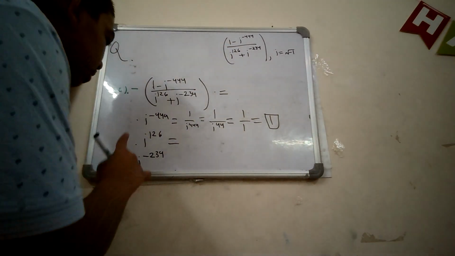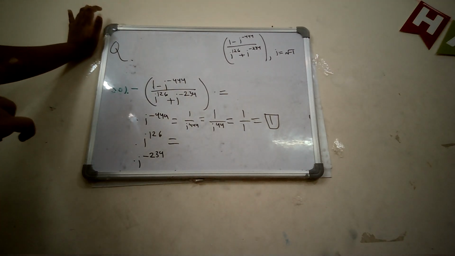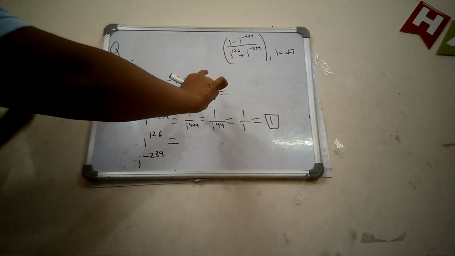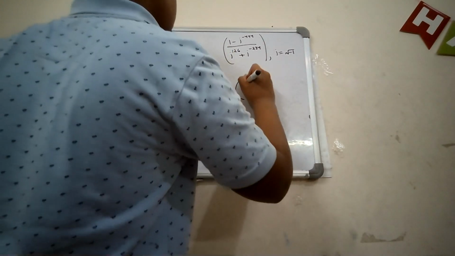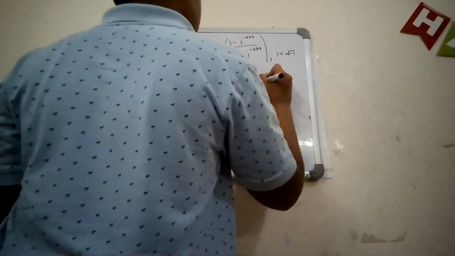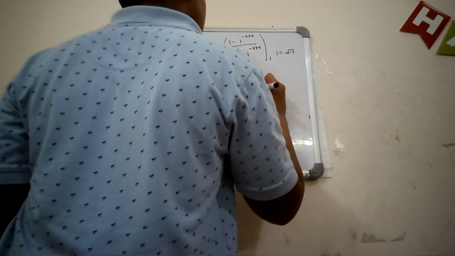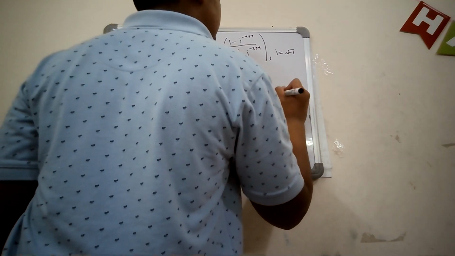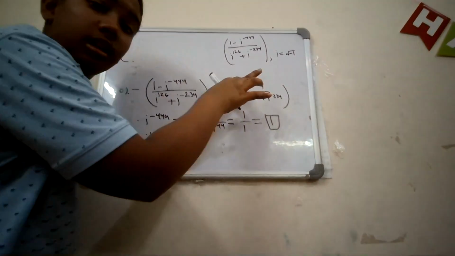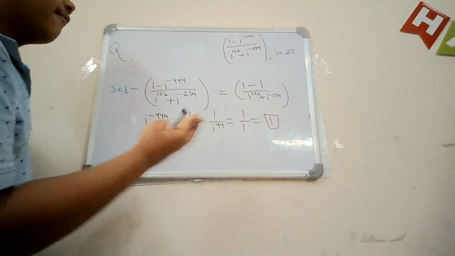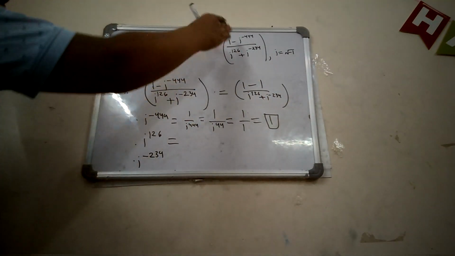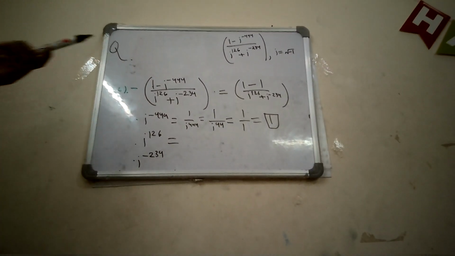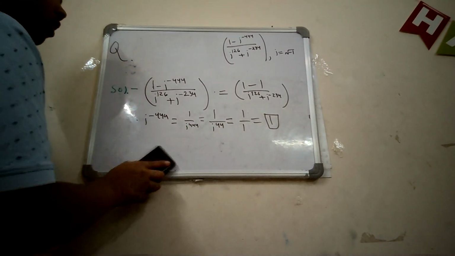Now, let's see here. Wait. Do you see this expression? This is 1 minus 1 upon this, 126 plus I plus negative 234. Wait! This is 0. This means this whole expression is equal to 0. And so we don't even need to do this, because 0 divided by anything is 0.